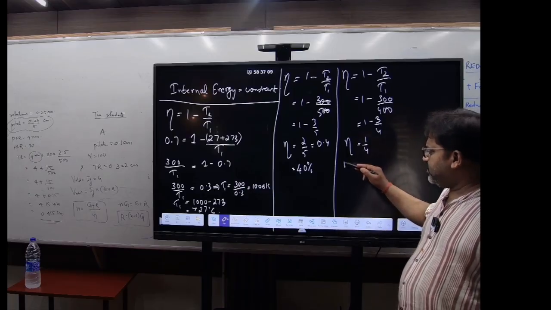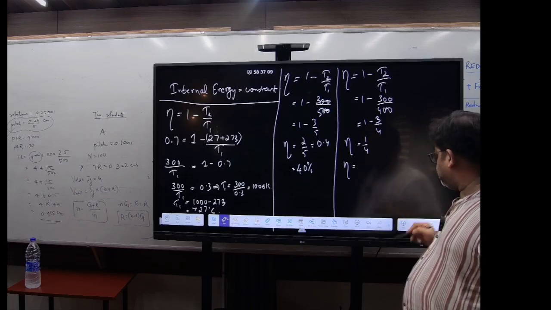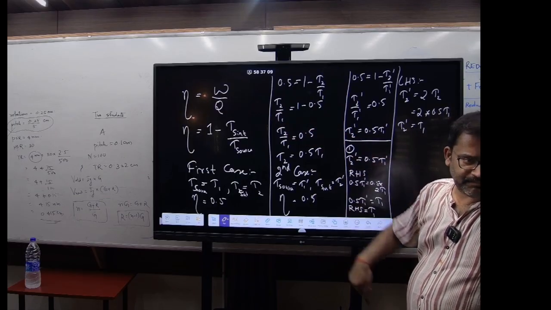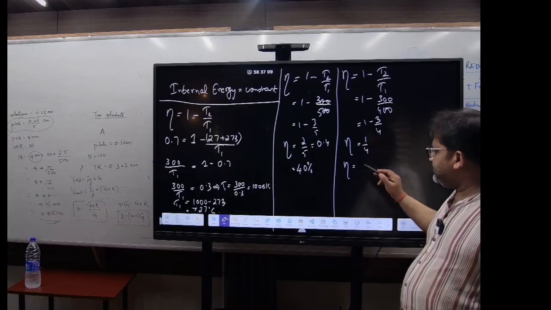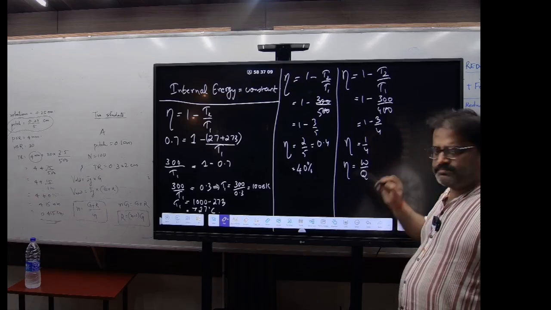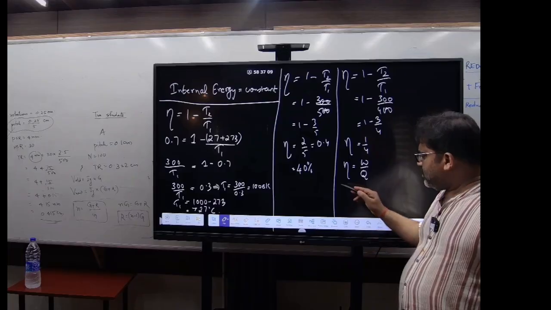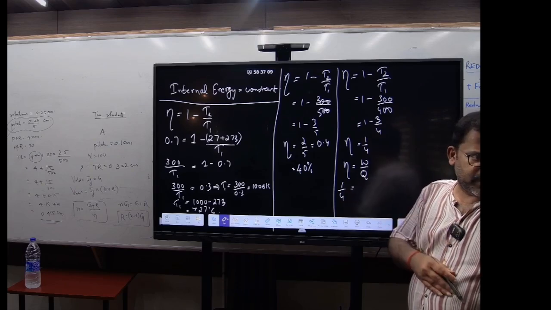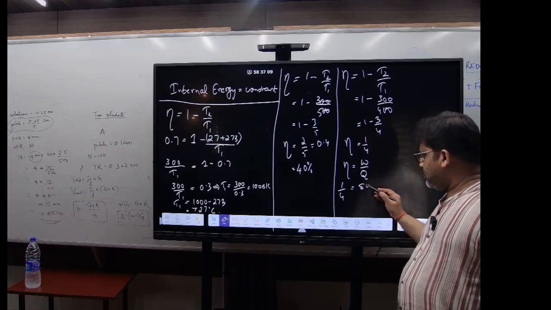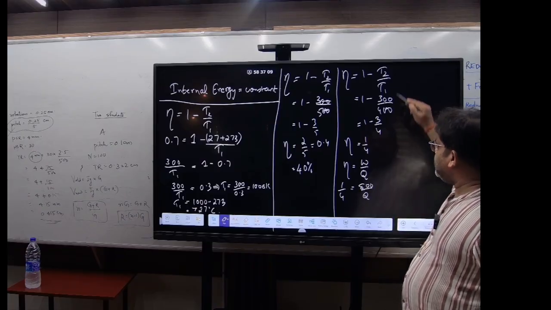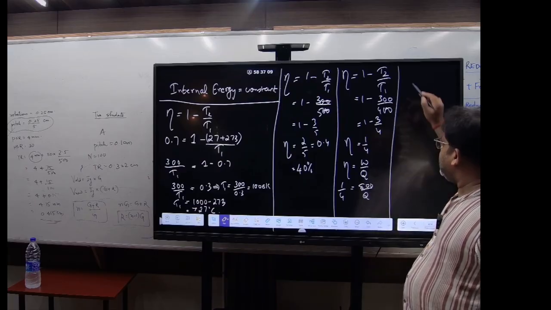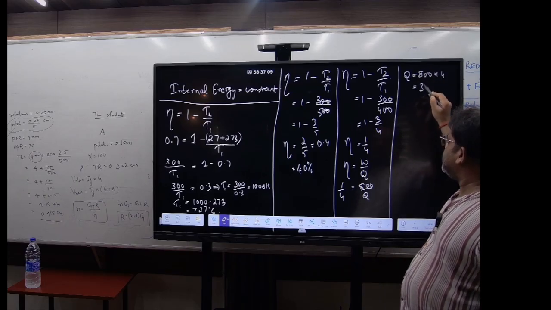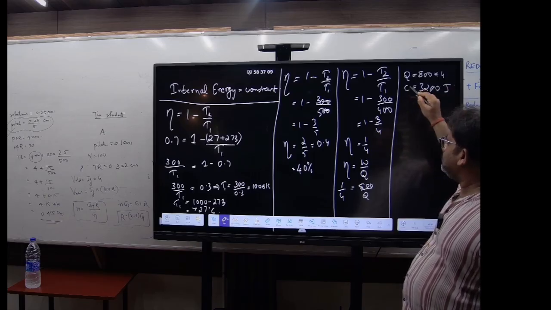Now eta is also equal to, we already did this here, useful work done divided by heat supplied. That means we can say that it is W divided by Q. That means 1 by 4 is equal to useful work done, how much useful work done is given? 800 joule divided by, we can say, Q. Now that means the final answer will be Q equal to 800 into 4, that is equal to 3200 joule.